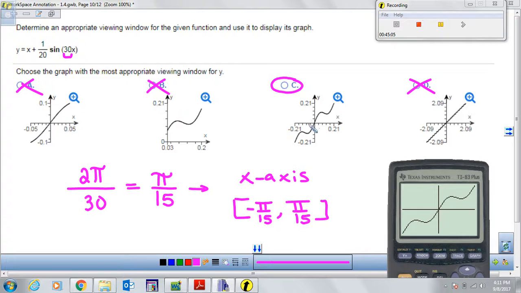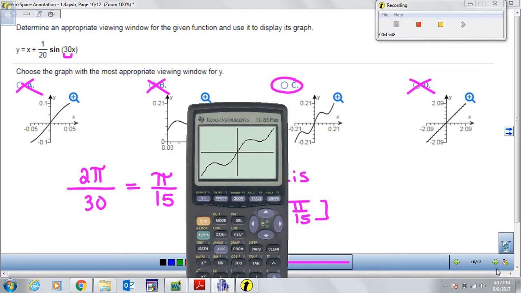But just make sure that the amplitude of this function, the number in front of it, is actually smaller than this, so that these values on the y's give you enough room to see beyond higher and lower than the actual amplitude, which was 0.05. Okay, so that would be that.